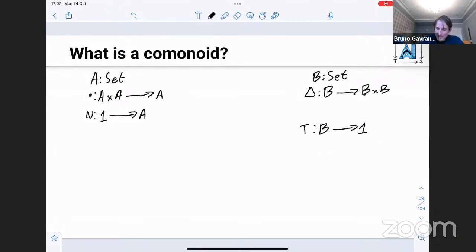And likewise, the laws of associativity here are going to force our hand, that this map, the only thing it can do is take an element of B and copy it. So the idea of comonoids that we're thinking about is something that allows us to copy and delete information.